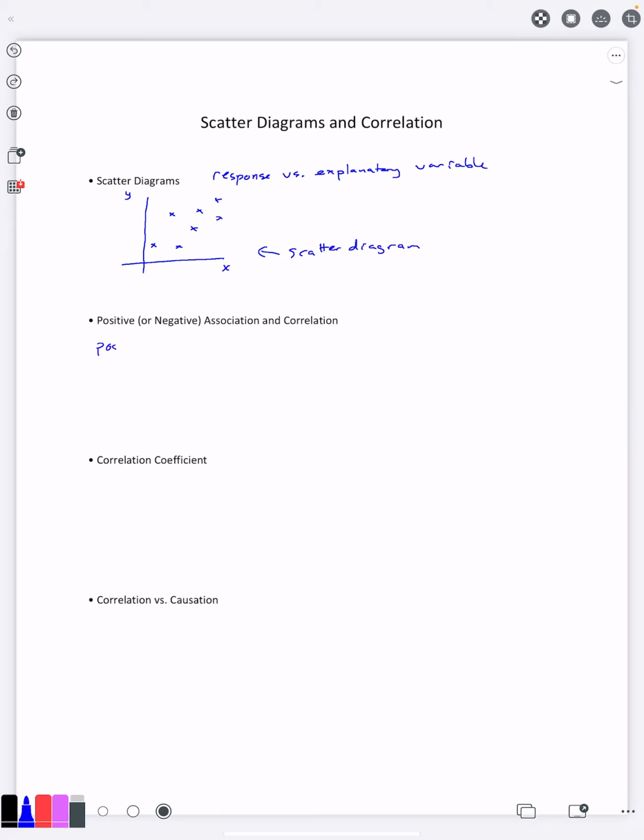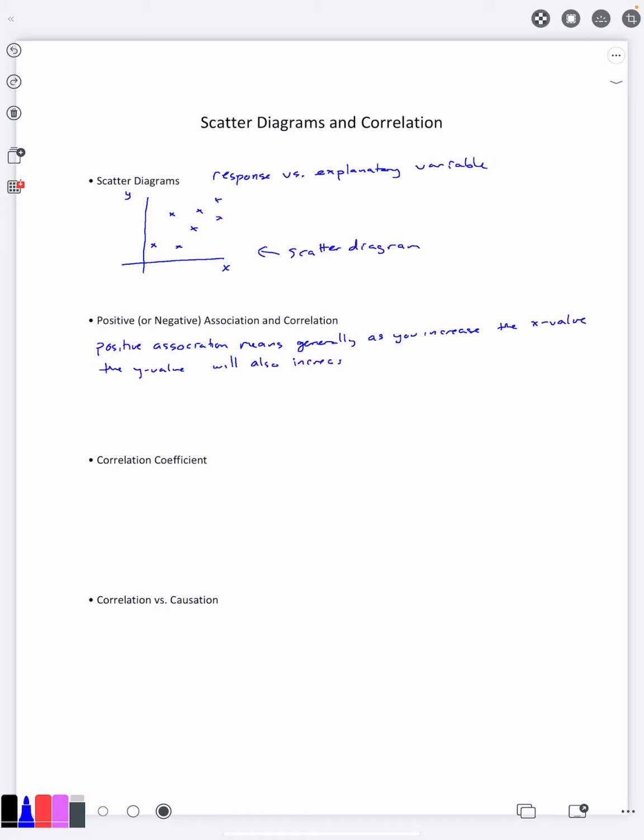Positive association means generally, as you increase the x value, for whichever one you chose to be on the x-axis, the y value will also increase.